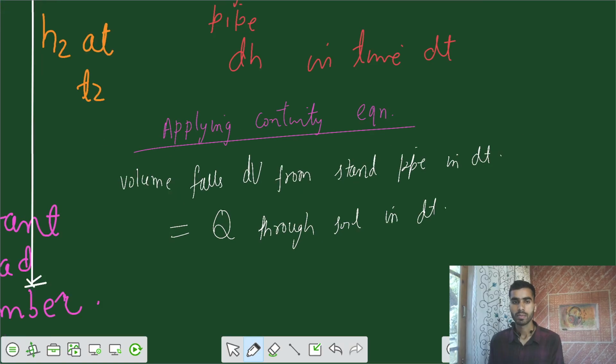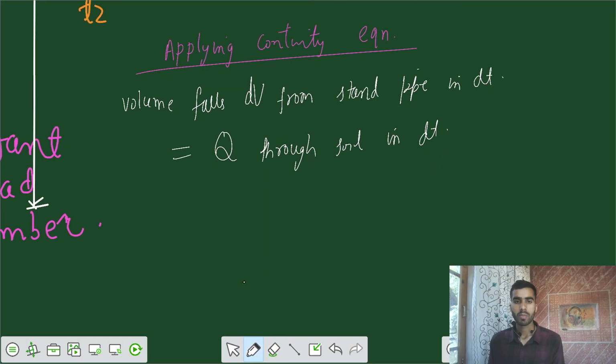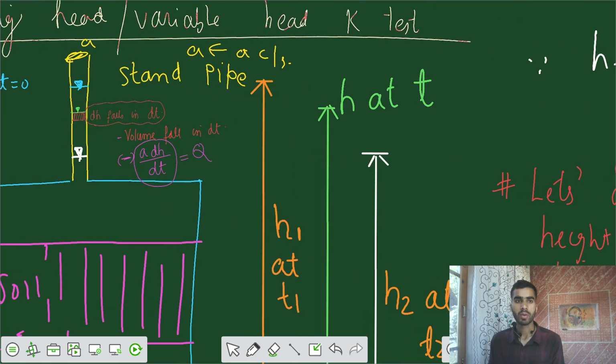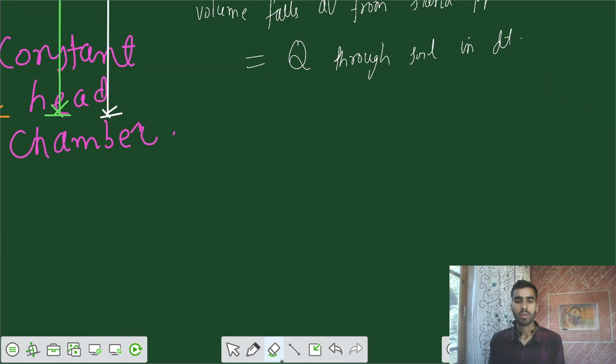So the volume falls in the standpipe by how much? The area of the cross section of the pipe, small a, times the height dh. So the fall of volume is minus a times dh in time dt.